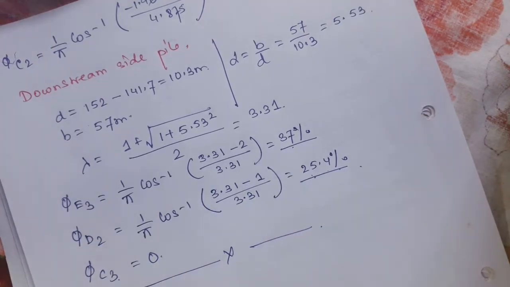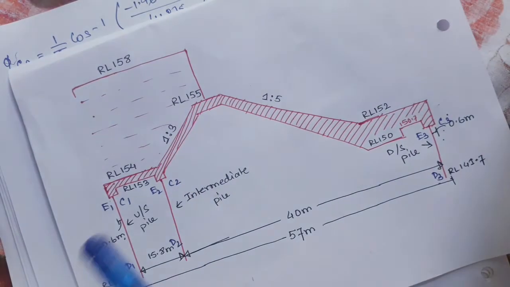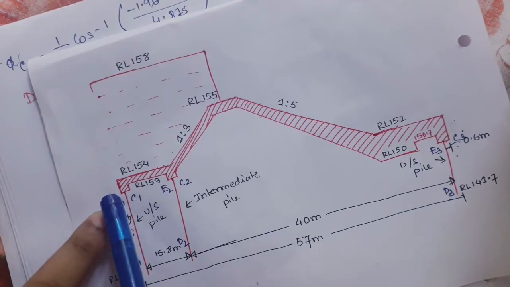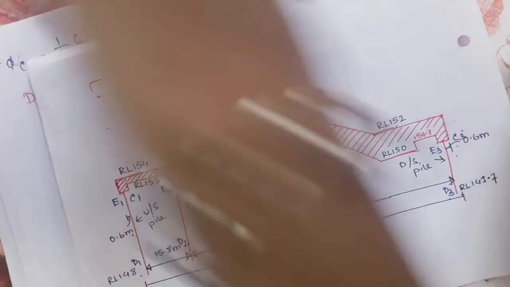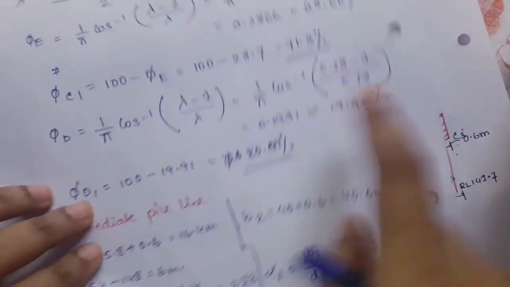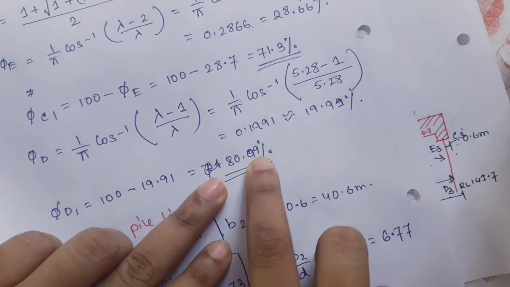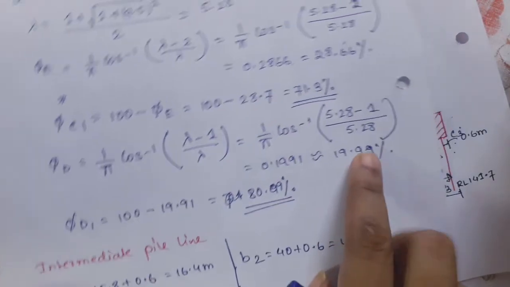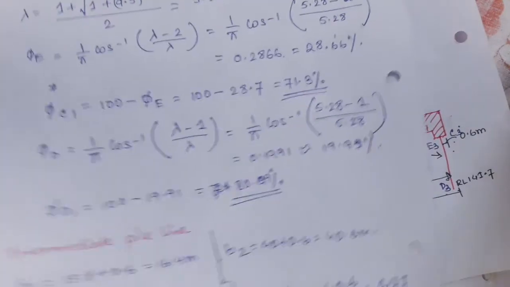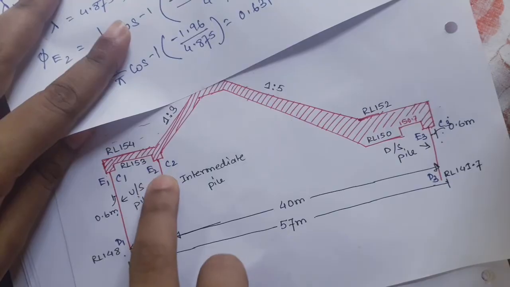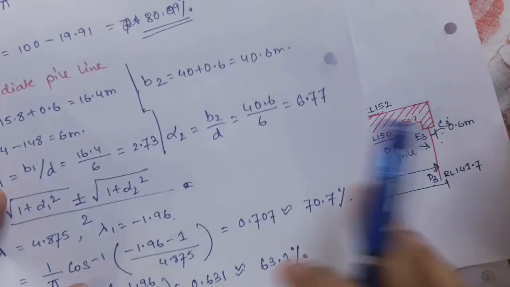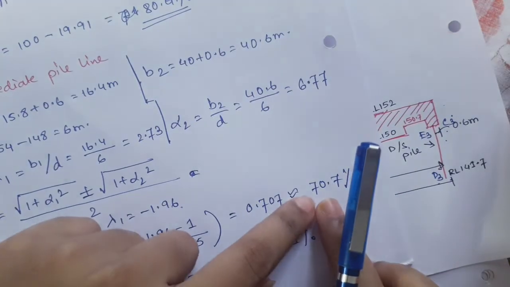Okay, so let me just rectify once again. At phi E1 it was 100%. At phi D1 it is nothing but 80.91%. At phi C1 it is 71.3%. Then it will come to phi E2. See, the difference is very close, so the pressure difference is also very close. It was 71.3 and the next one is 70.7.